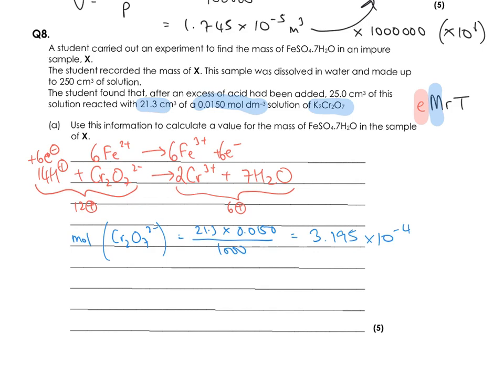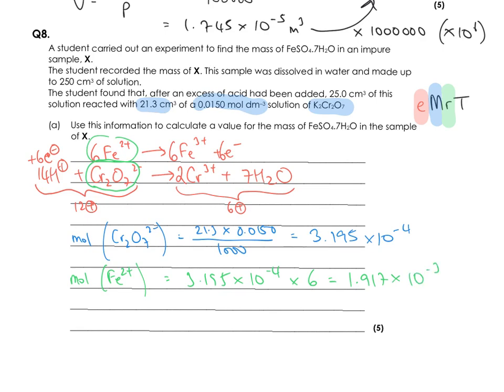Then we need to use the next bit of EMRT, which is R, the ratio. So the ratio of dichromate ions to the iron 2+ is 1 to 6. So the moles of iron 2+ equals 3.195 times 10 to the minus 4 times 6, and that gives you 1.917 times 10 to the minus 3.